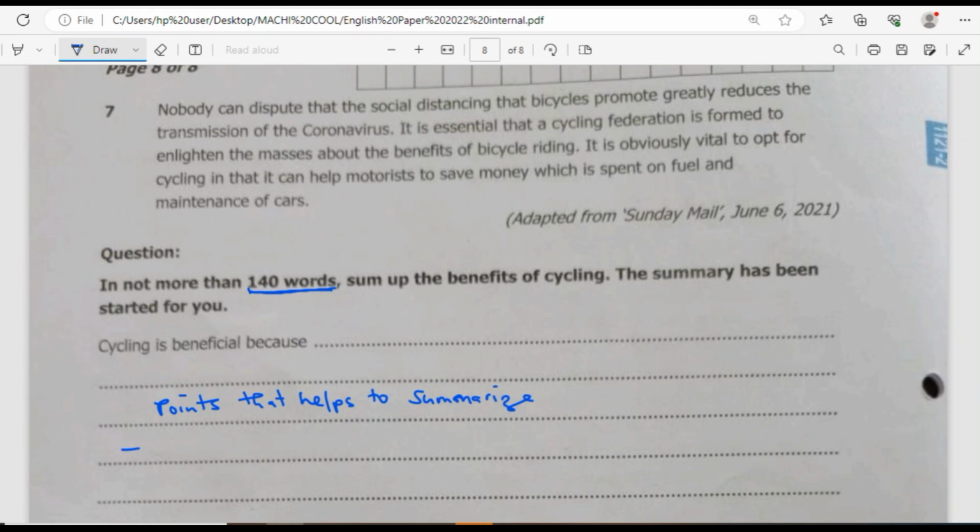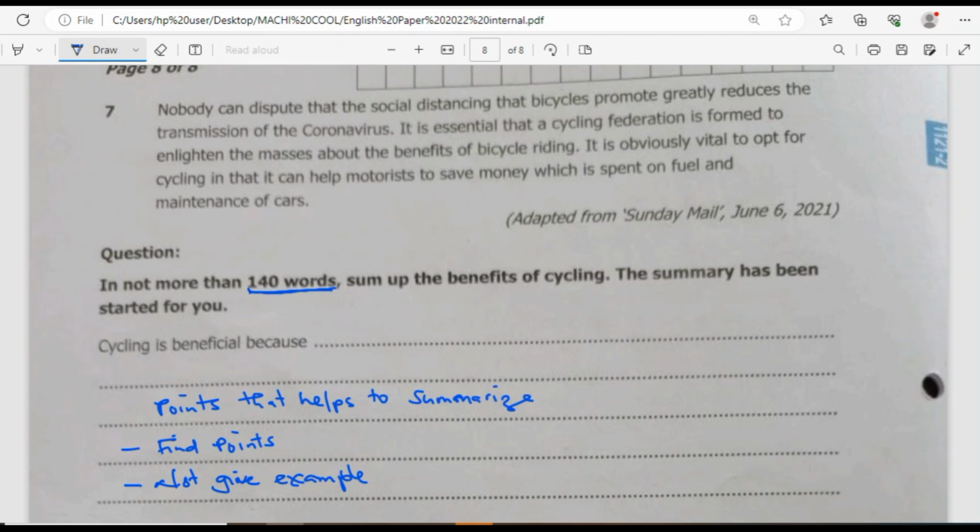So the first one is to find points, and these points should be relevant. So you should find points which are relevant. The other one is do not give examples, because you run out of words or you run out of time.